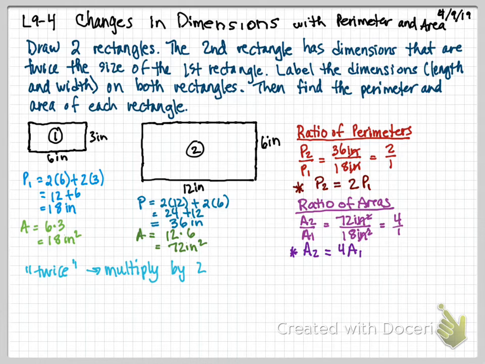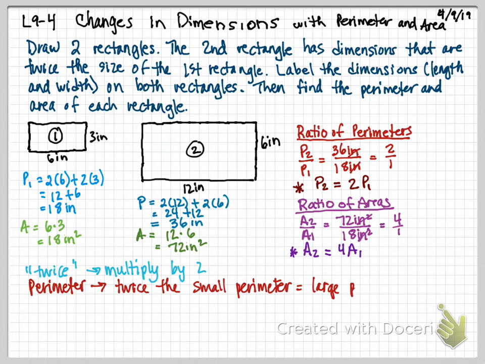And then we noticed that when it came to the perimeter, we had twice the small perimeter will equal the large perimeter. So we're just rewriting those ideas that we just saw.